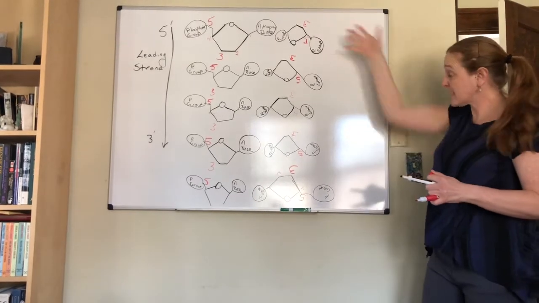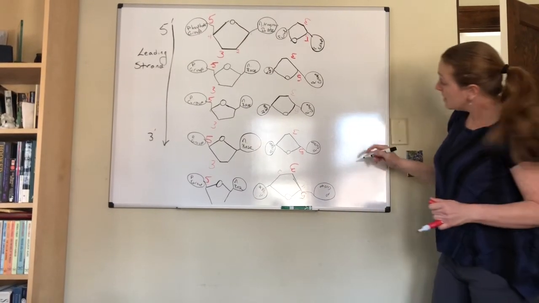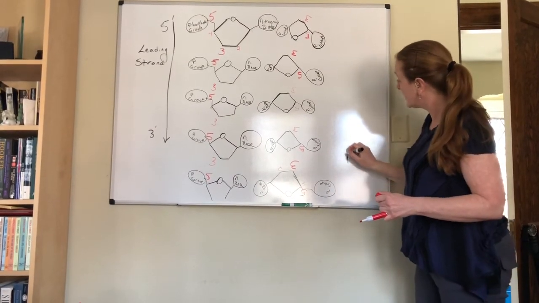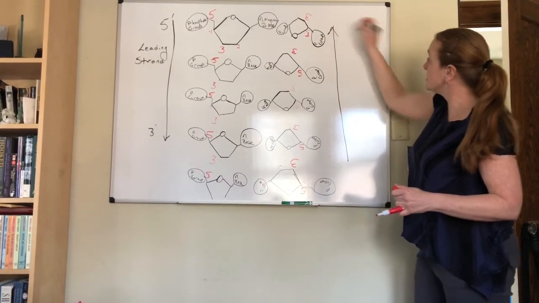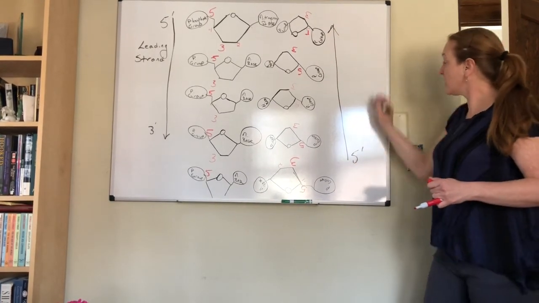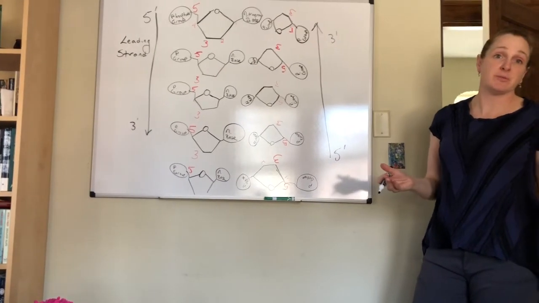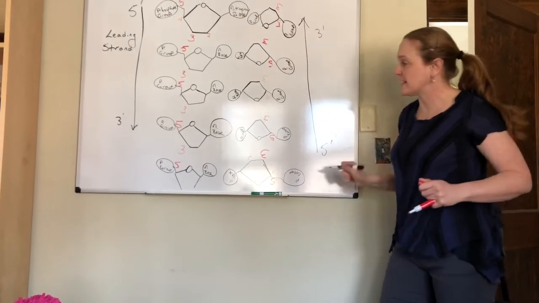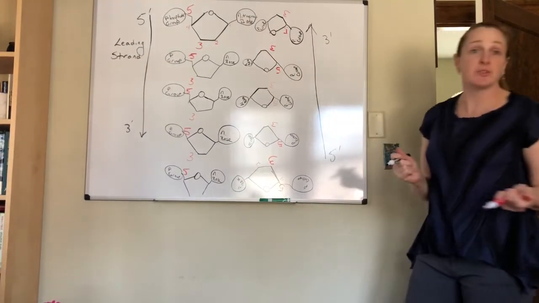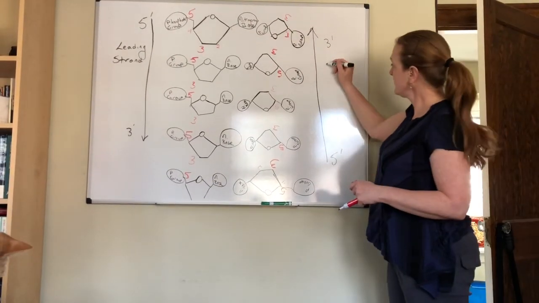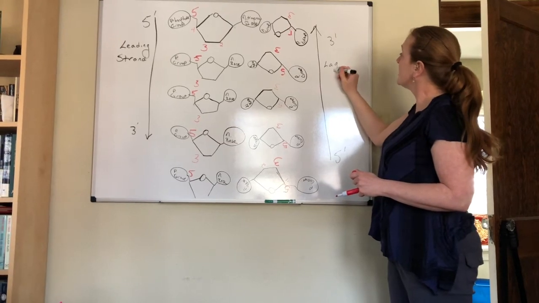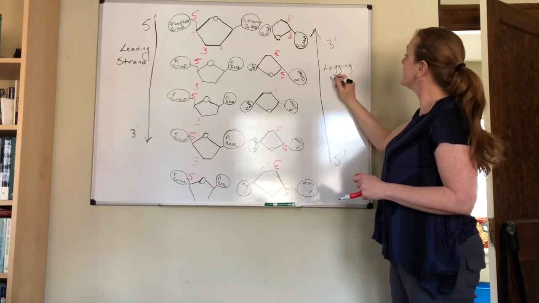So in our second strand of DNA, we are still building it from the 5' carbon to the 3' carbon. But because it goes in the opposite direction, because this strand is anti-parallel to our first strand that we started with, this strand is harder to make, and it is called the lagging strand.